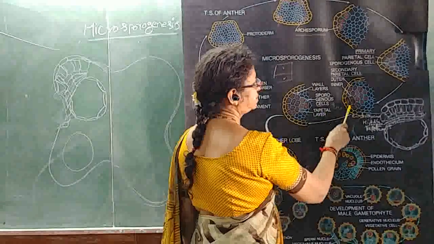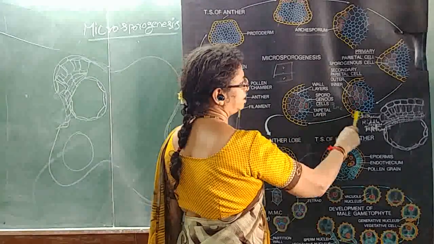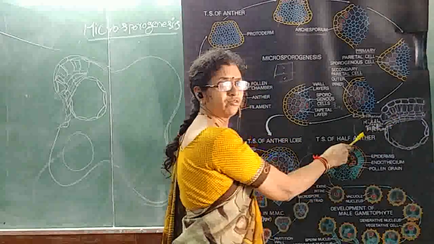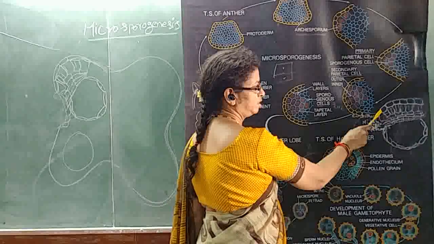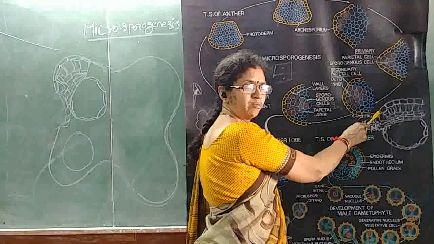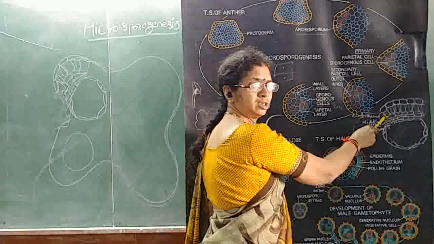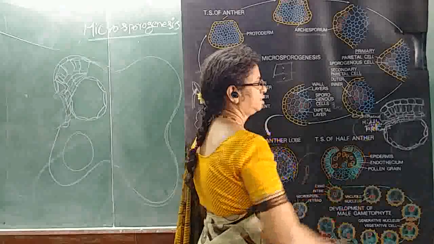But these parietal cells, which are formed in the outer region, by a number of periclinal and anticlinal divisions, form the anther wall. The anther wall consists of outermost epidermis, and next to the epidermis, it consists of the endothecium layer.